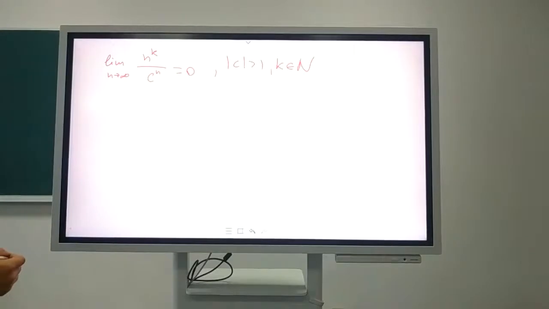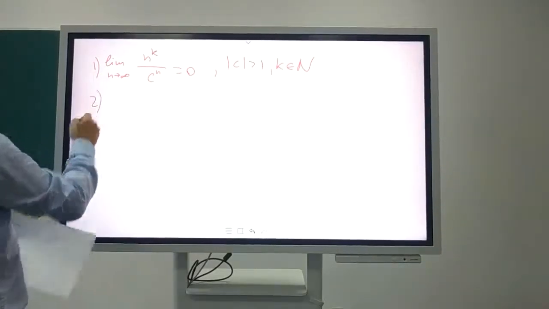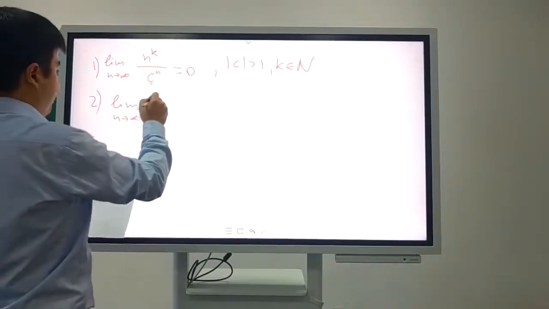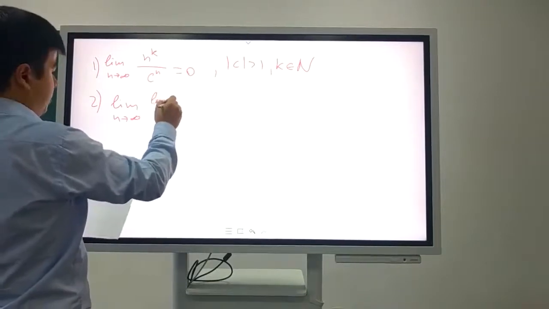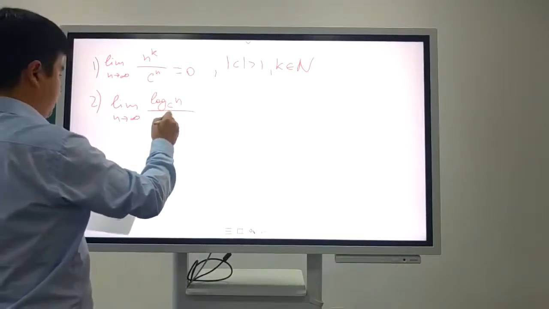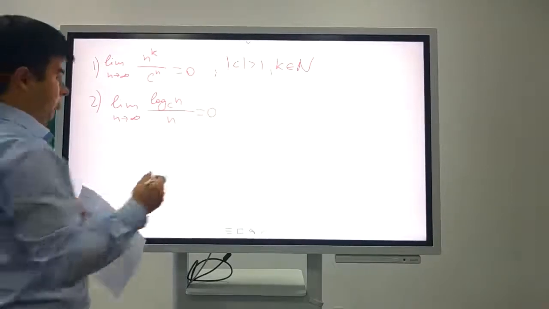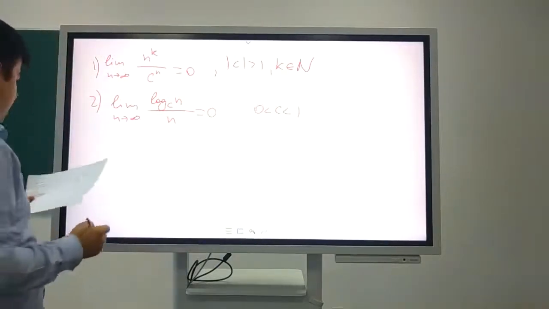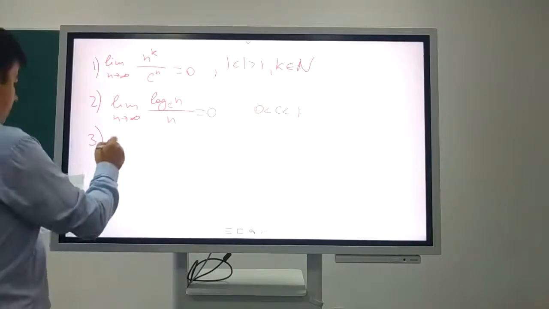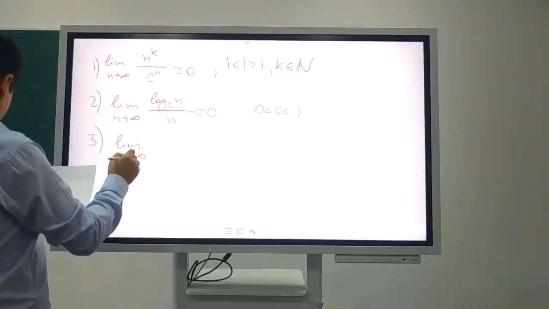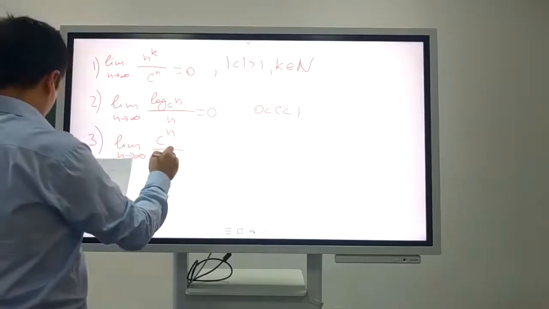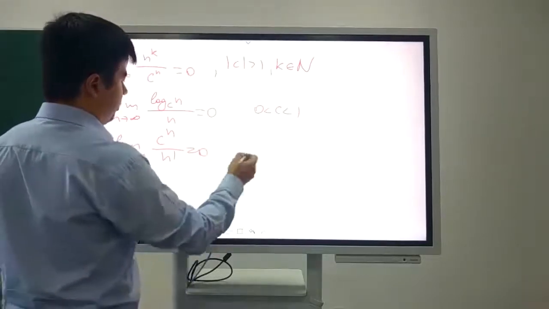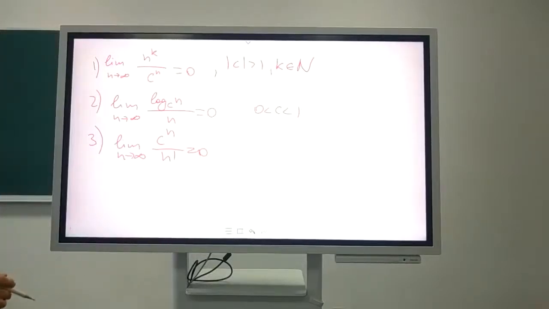And the next one is the limit as n tends to infinity of logarithm base c of n over n, it's also 0, where c is between 0 and 1. And the next one, number 3, is the limit as n tends to infinity of c to the power of n over n factorial, it is 0. C is any real number, an arbitrary real number.